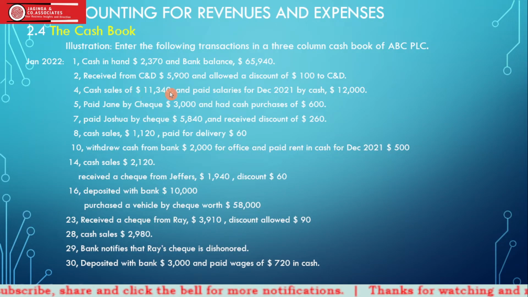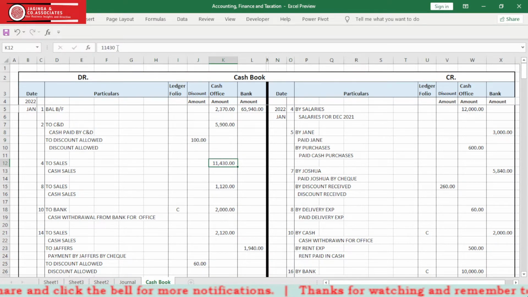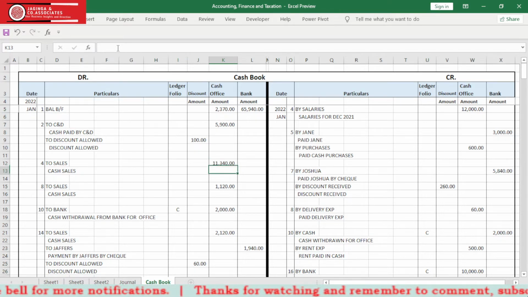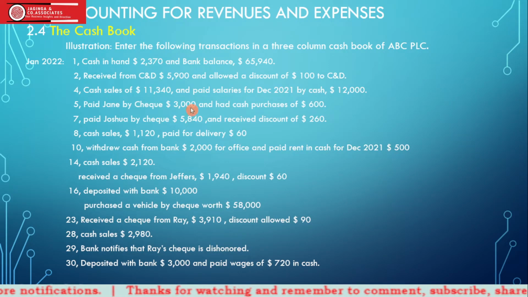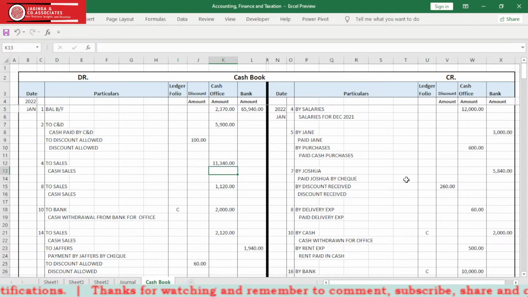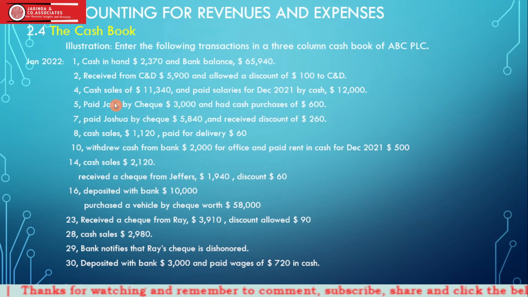And then the third entry was 11,340, 11,340, not 11,430, 11,340. And 12,000 was paid. 12,000 is here. And then fifth we have 3,000.